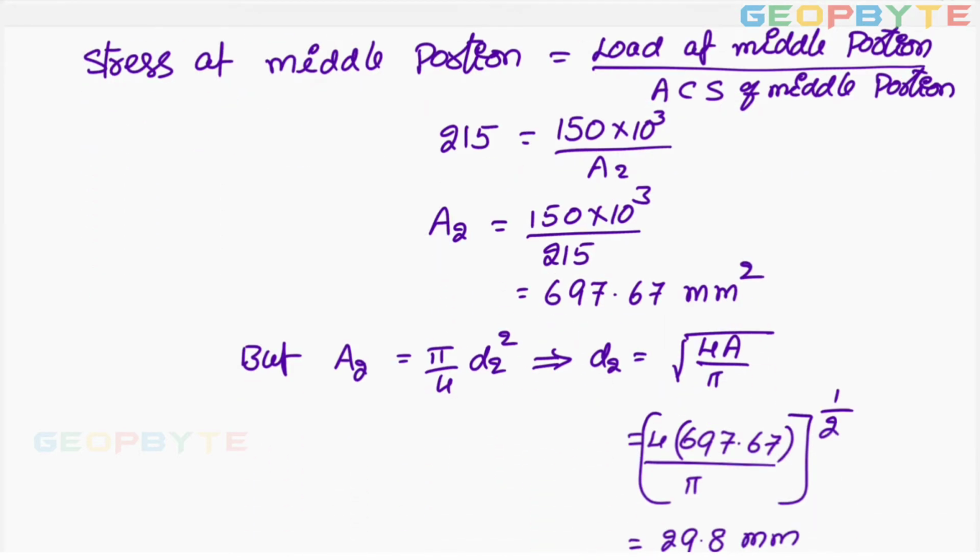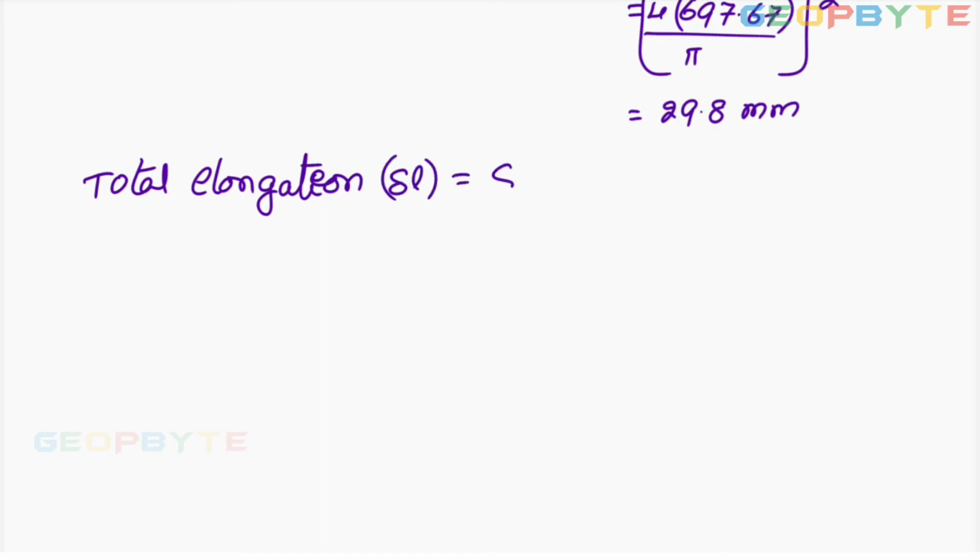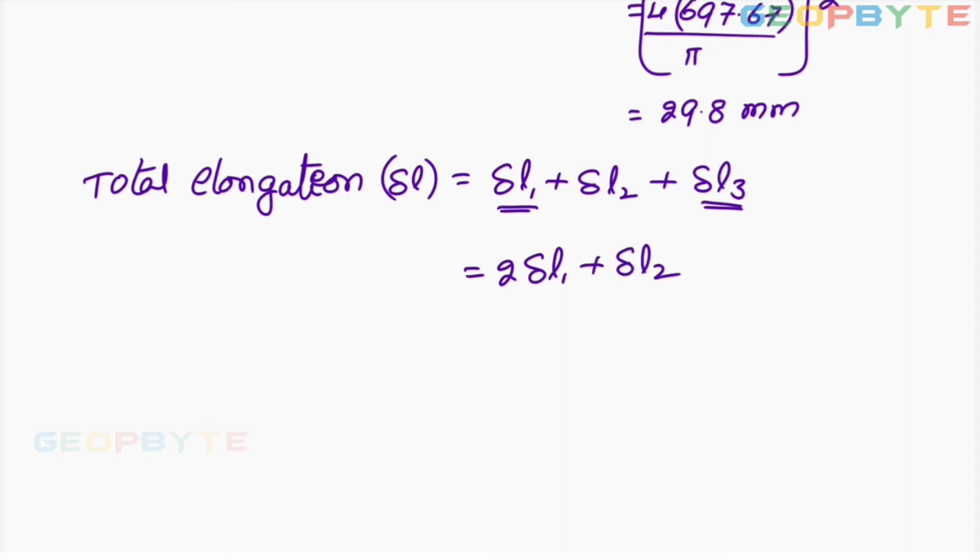Then the total elongation can be written like this: delta L equals delta L1 plus delta L2 plus delta L3. But delta L3 and delta L1 are equal, so I can say 2 delta L1 plus delta L2.